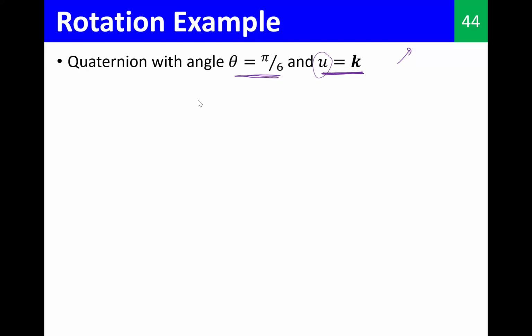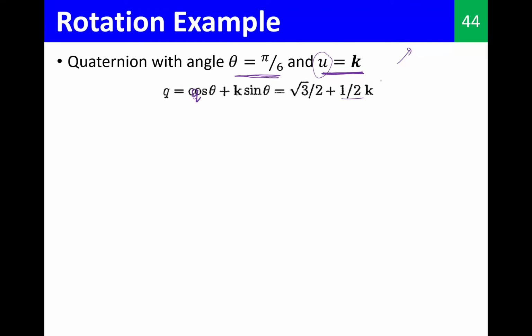Now if I ask you to write the quaternion based on this information, you will get cos theta plus k sine theta. Cos theta equals square root of 3 over 2 plus k times sine 30, which is half.